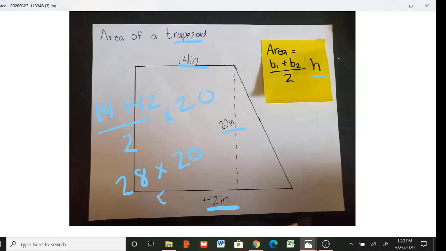And we would get 560, my equal sign, 560. But we're not done yet. We need to have our units, which would be inches squared, okay? So to find the area of a trapezoid, you would do base 1 plus base 2 divided by 2 times the height, all right?